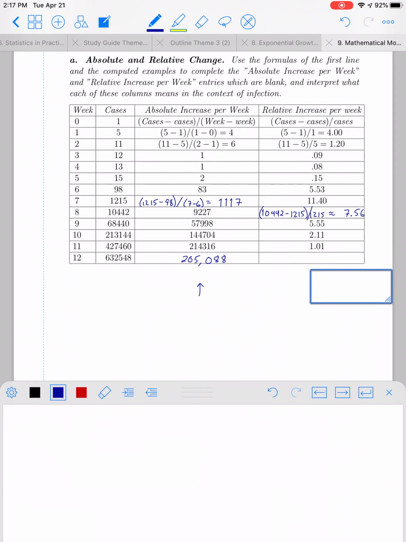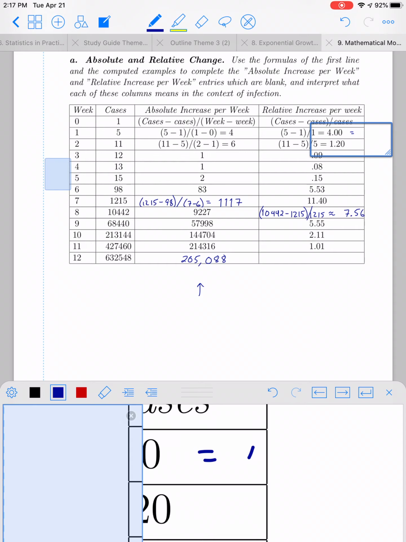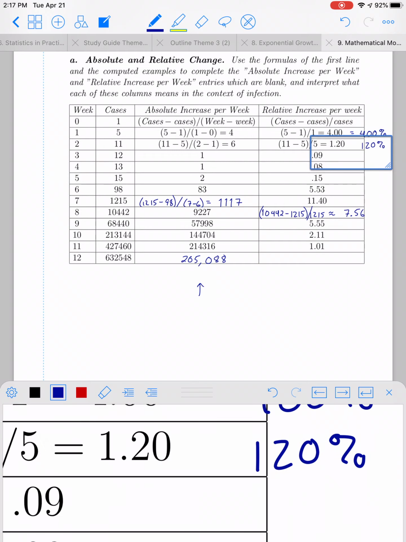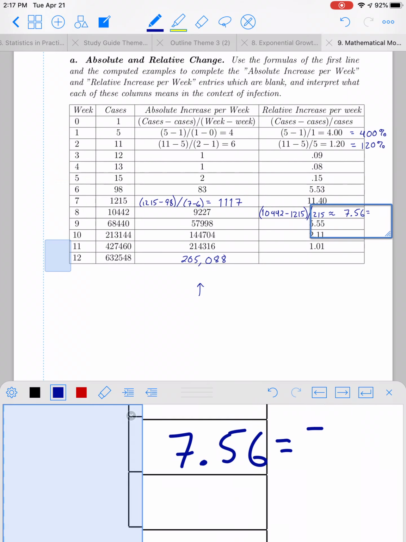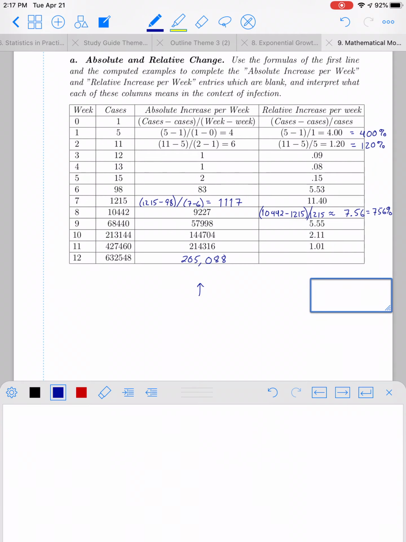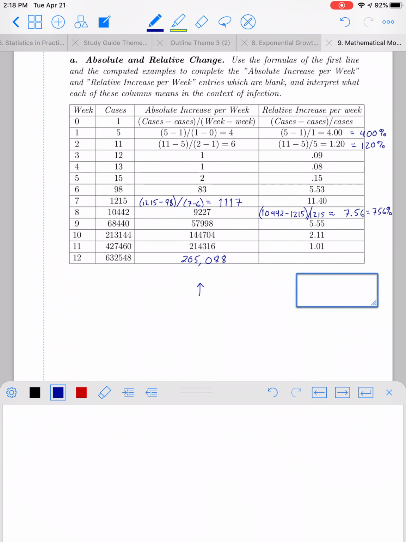They haven't even been converted into percentages. So this is actually, up top, 400%, moving the decimal 2 to the right, 120% in this case, again moving the decimal 2 to the right. This should be done all the way down here if we wanted to see these as percentages. 756% increase. It's not necessary to do so, but just to put things in perspective, these are large increases per week.